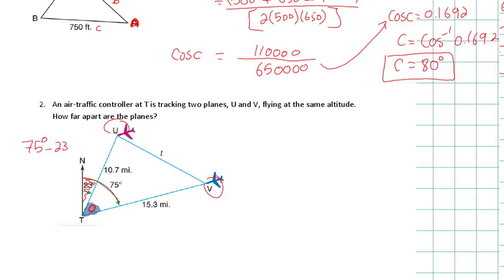You guys understand that? Okay? So you have a triangle, two sides, and the contained angle. I would like you to solve for side t. Go ahead and use the correct formula.